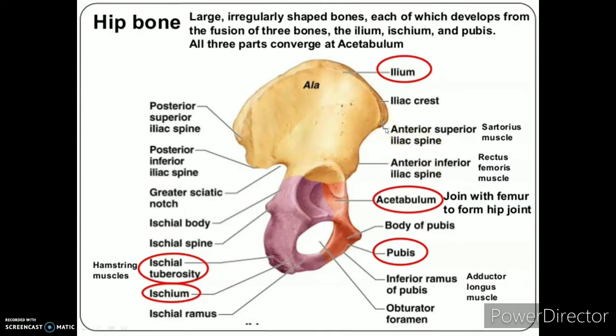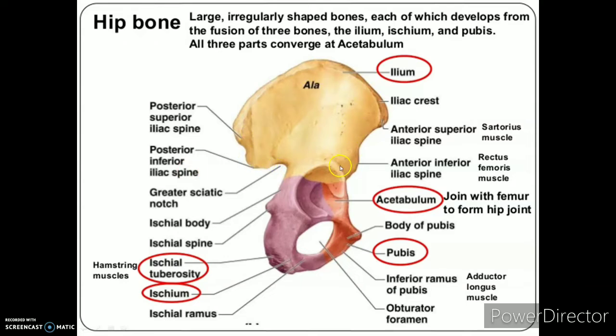In the opposite manner you can find the posterior superior iliac spine. Then again you can find this protruded area, the anterior inferior iliac spine, that means the lower part, but at the front. In the same manner you can find the posterior inferior iliac spine. So this is about the ilium.